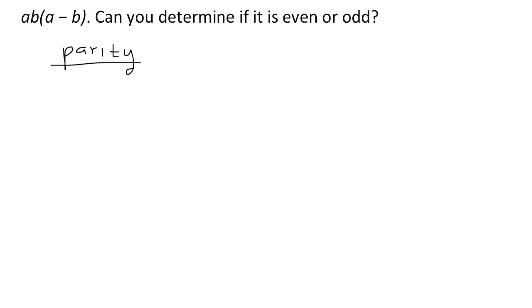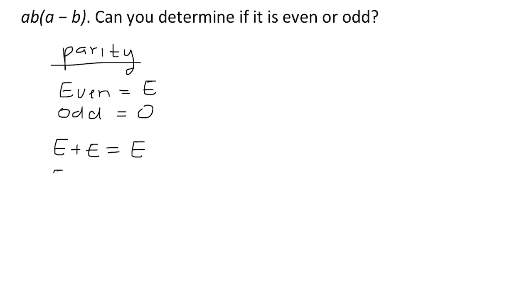So if we take even numbers as E and odd numbers as O, we must remember that an even number plus an even number will give us an even number. An even number plus an odd number will give us an odd number. Even minus even gives us an even number.